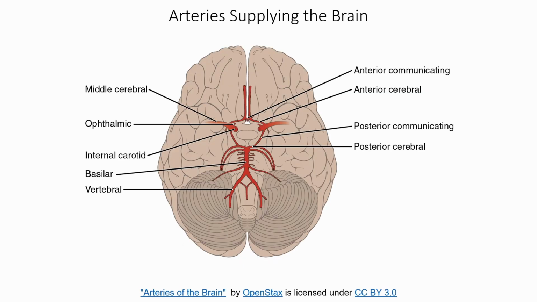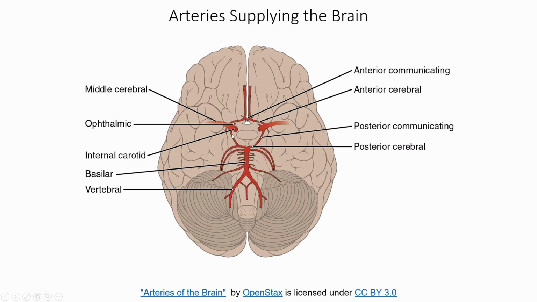And then we've seen this picture before, but just as a reminder, the circle of Willis, which services the brain, where we have the internal carotid that's going to come up and lead into this. The internal carotid comes up, and immediately we see a branch for the ophthalmic, the middle cerebral, the anterior cerebral and anterior communicating.